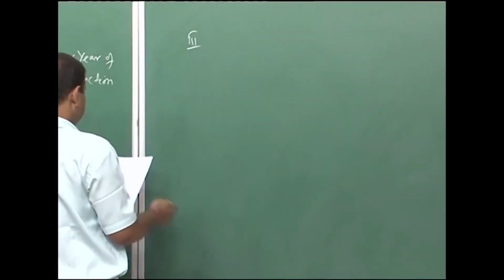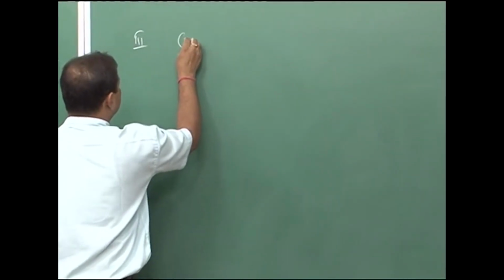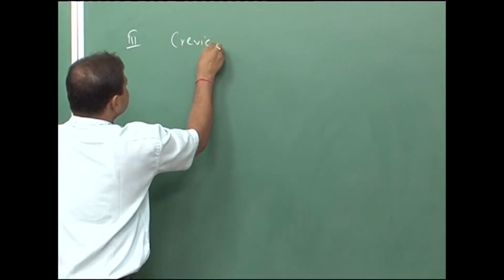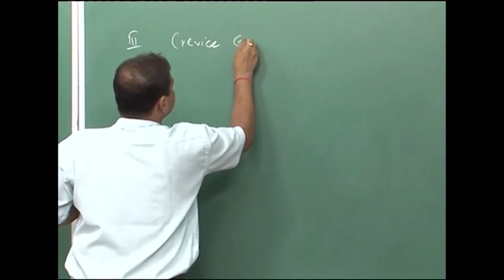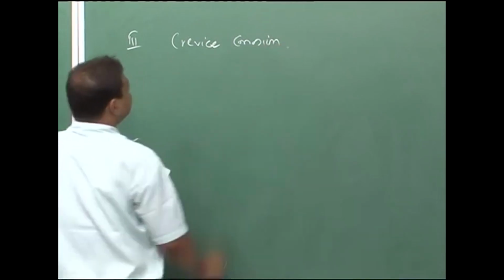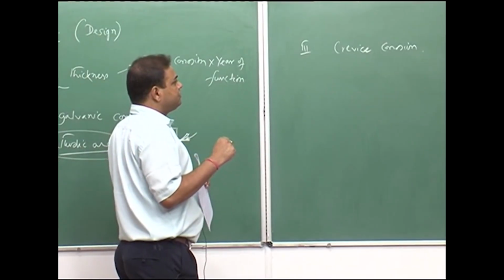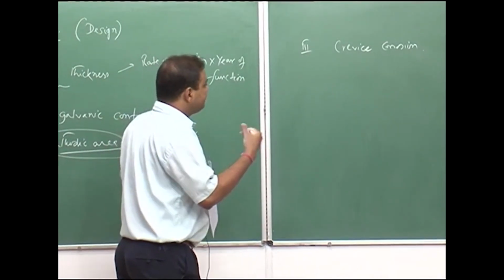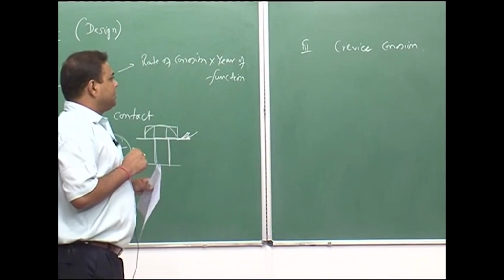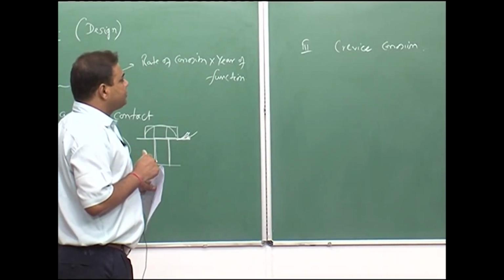Then the third rule is crevice sites: avoid a crevice. If there is a possibility of crevice corrosion, we should cover up that crevice part with some material in order to avoid it, and that way we can definitely get rid of corrosion to a great extent.